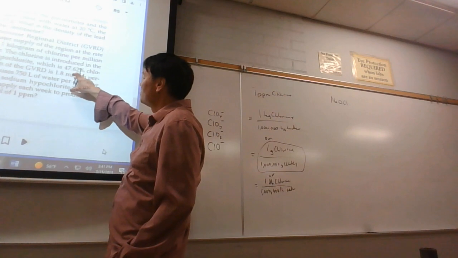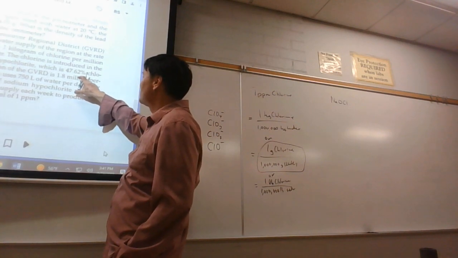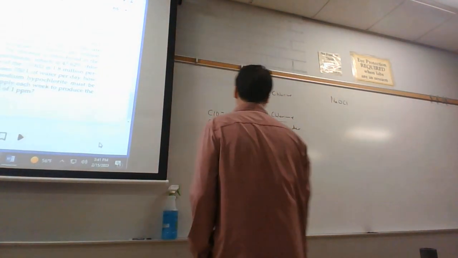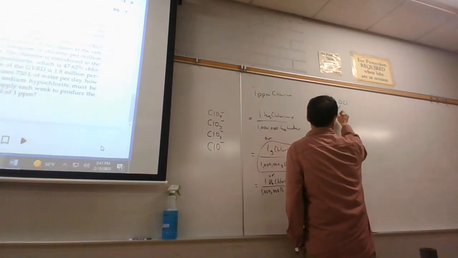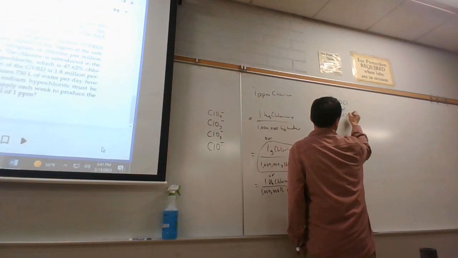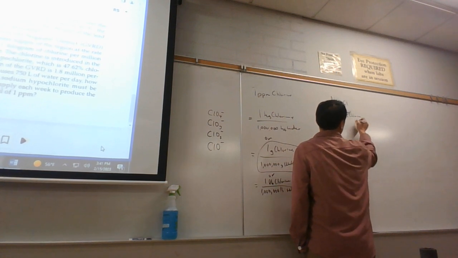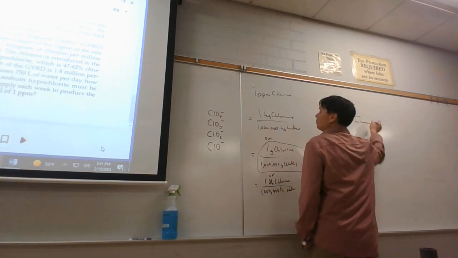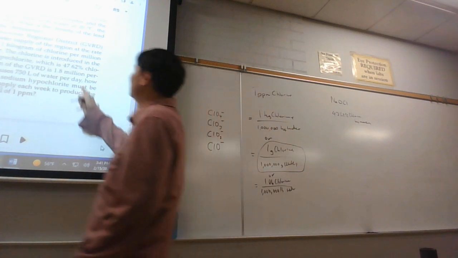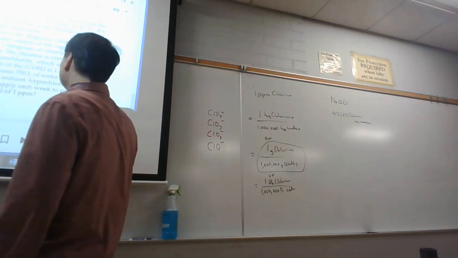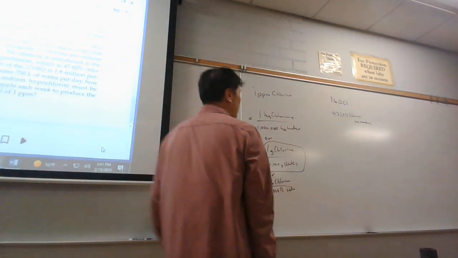The chlorine is introduced in the form of sodium hypochlorite, which is 47.62% chlorine by mass. If it doesn't specify, then we're going to assume it's by mass. Did it specify? No, it didn't specify, so we'll just assume it's by mass.